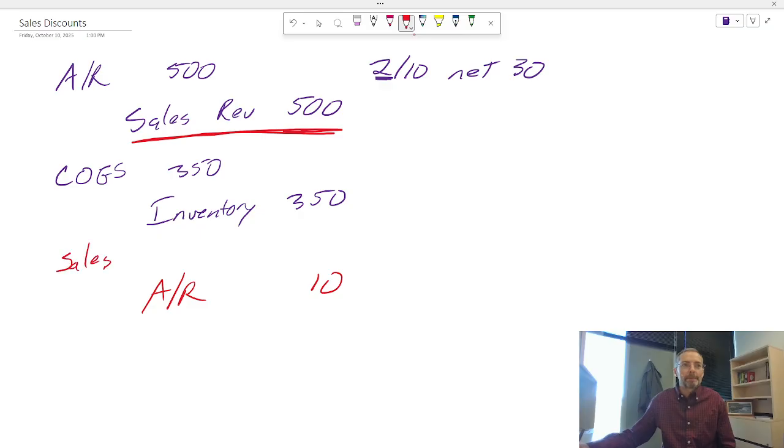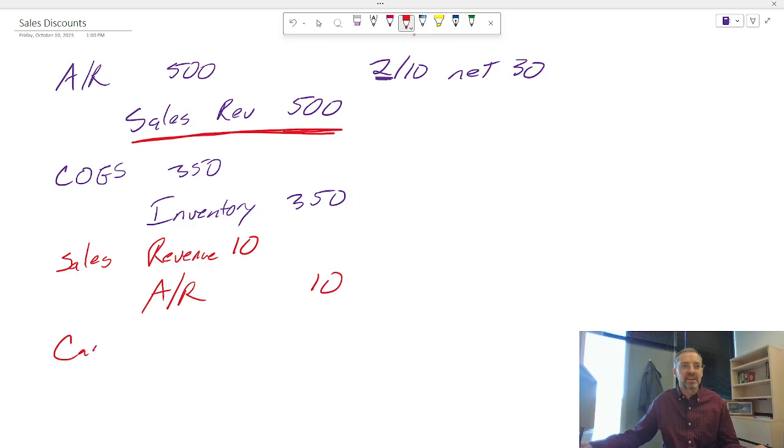So we would debit sales revenue. Right now, temporarily, I am putting in sales revenue because what we're actually doing is reversing part of that sale, so it's as if that sale didn't happen. In the end, we're not going to use sales revenue, but I'm just going to put it there right now as a placeholder. And then the second step is the customer actually paying us.